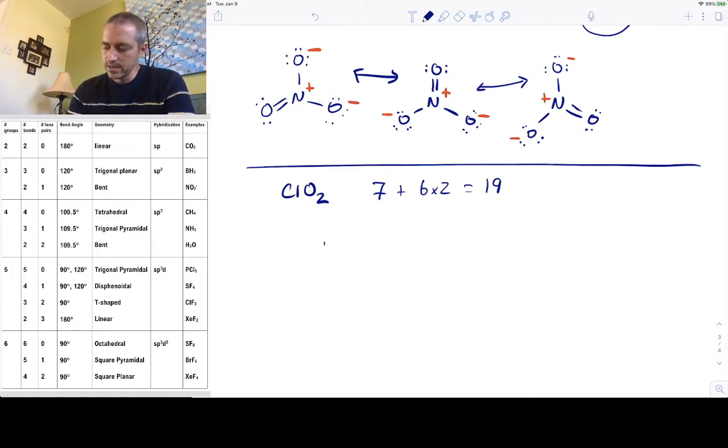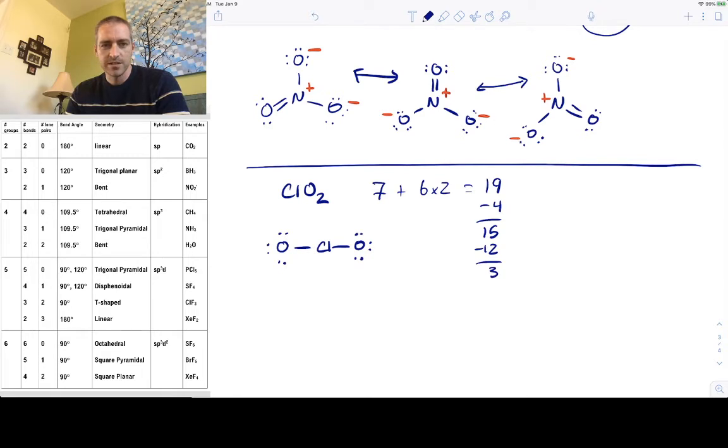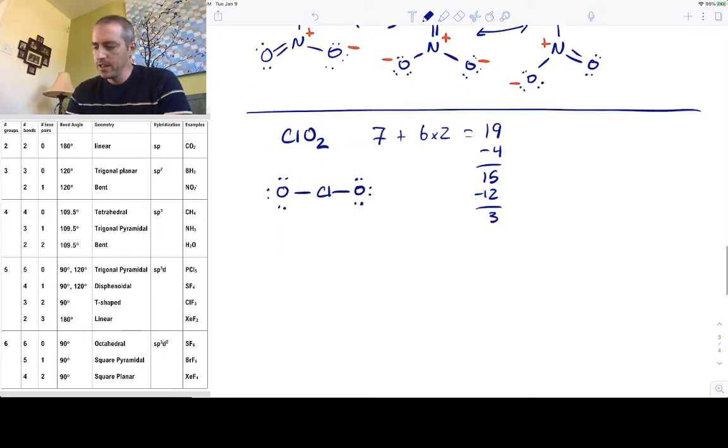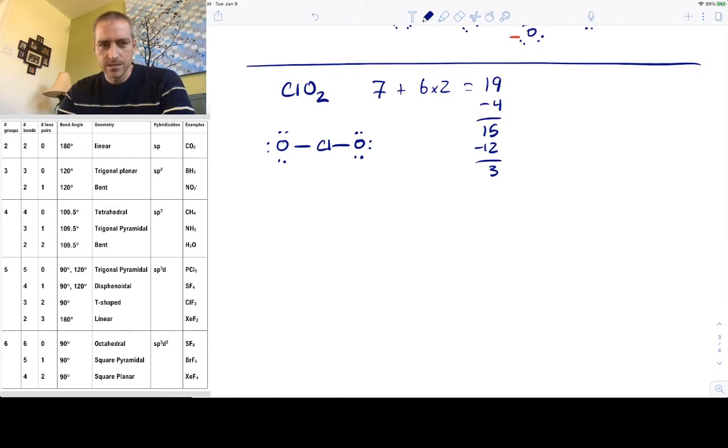All right, chlorine goes in the center. We put 1 oxygen on the left, 1 oxygen on the right. That's Cl, not carbon. We've just used 4 valence electrons to make those bonds, leaving us with 15. Fill up the outer octets, 2, 4, 6, 8, 10, 12. That leaves us with 3 valence electrons. 3 valence electrons doesn't allow us to neatly put down pairs, but let's put 1 pair, which leaves us with 1 electron.